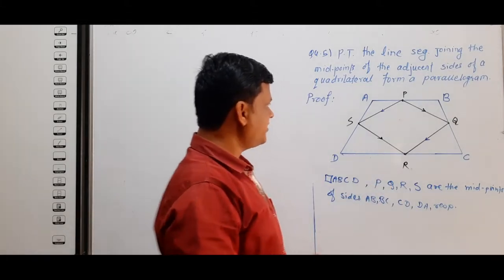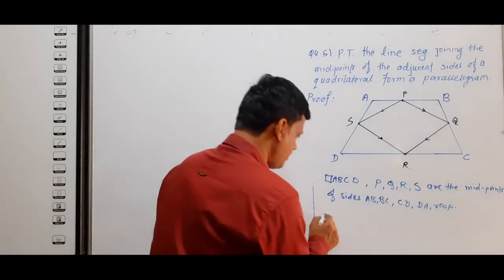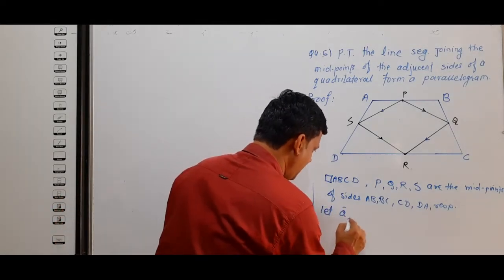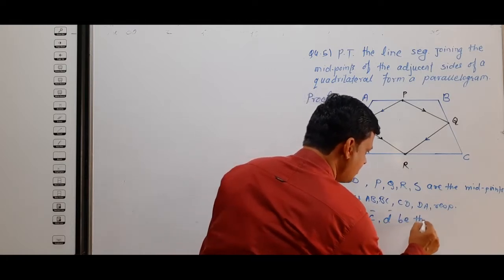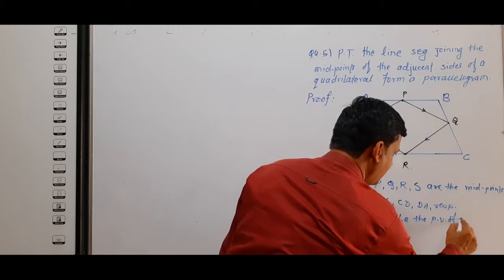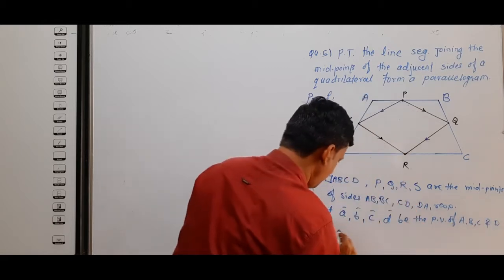So first we have to consider the position vectors of the vertices of the quadrilateral. So we consider here let a bar, b bar, c bar, d bar be the position vectors of A, B, C and D respectively.